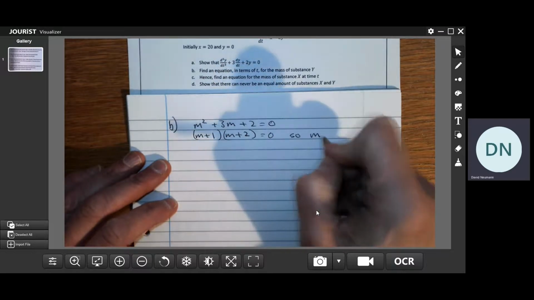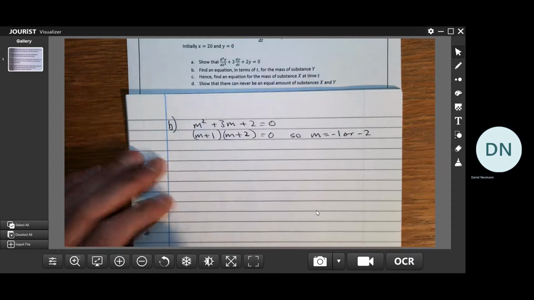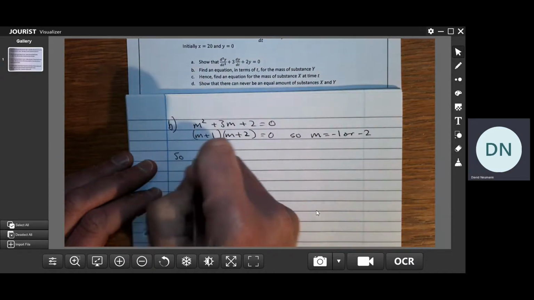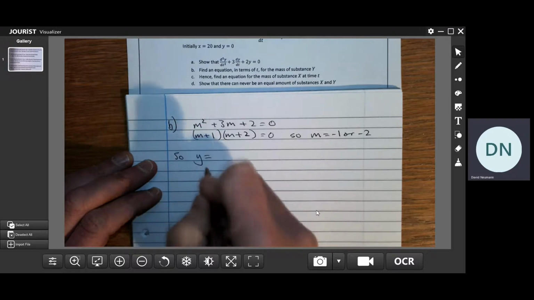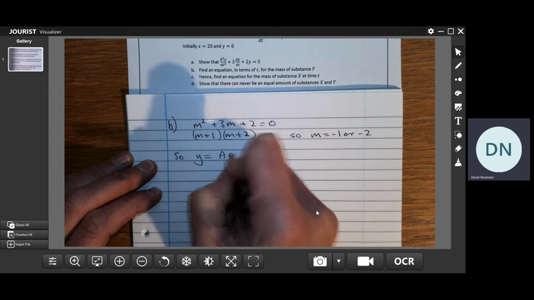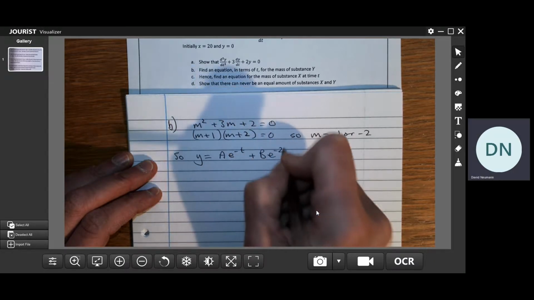So m is equal to -1 or -2. So our general solution is going to be y is equal to a e to the minus t plus b e to the minus 2t.